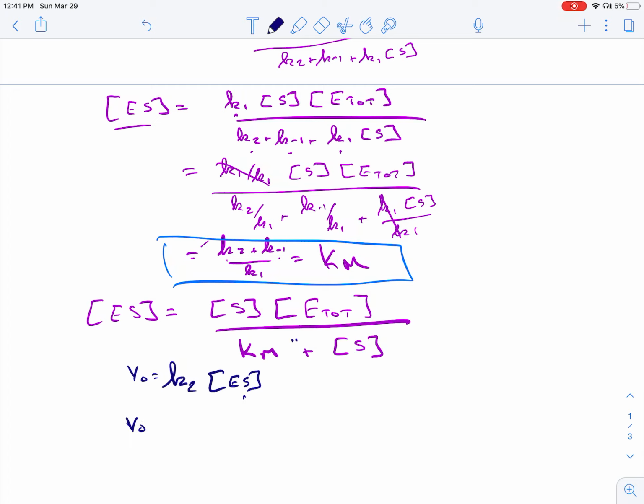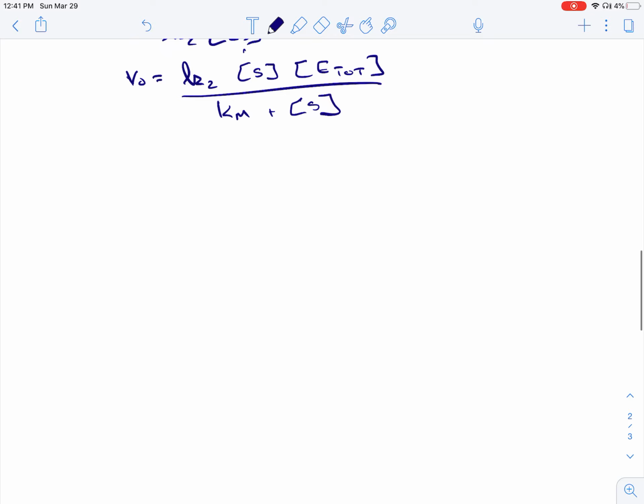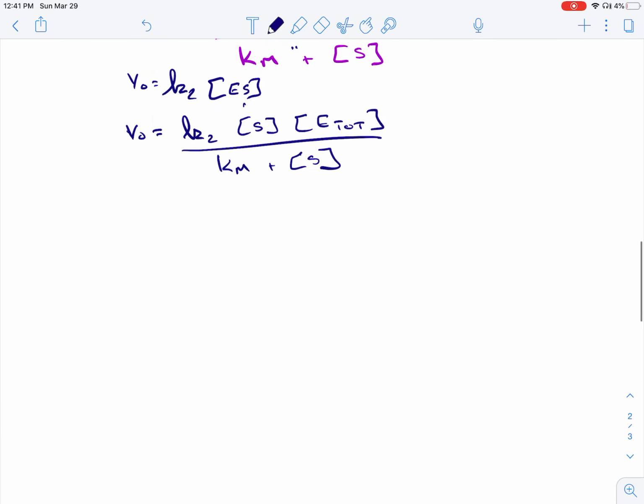So V0 is equal to K2 times S E total over Km plus S. So this is the Michaelis-Menten equation. There's a little bit of cleanup left here, but this is basically it. Now we have the reaction rate as a function of substrate concentration and enzyme concentration.